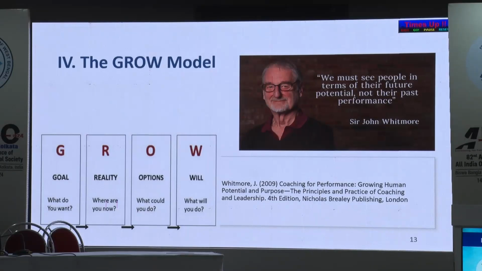And the GROW model says, what do you want? And make the person reflect, what do I want? What is my goal? What is my reality? What is my landscape right now within my goals? What options do I have to attain my goals? And okay, what's my plan to attain my goals?